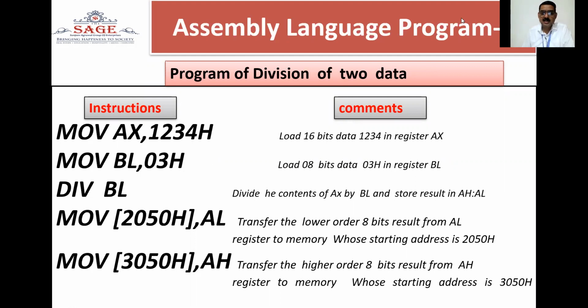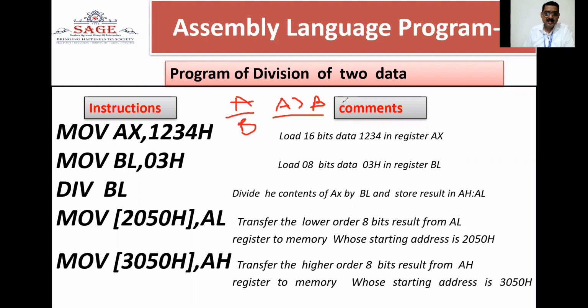For example, suppose we have to divide A by B. For the 8086 microprocessor, it is a necessary condition that data A should always be greater than data B. It is the necessary condition in the division operation.